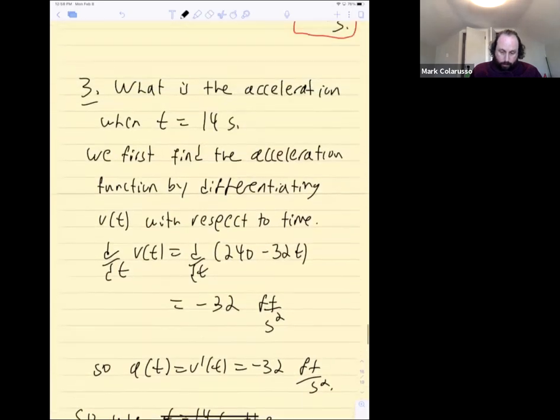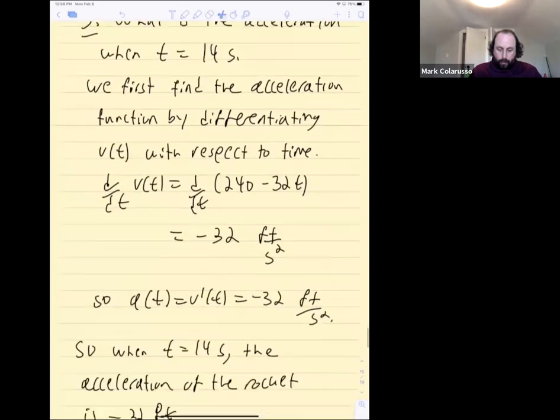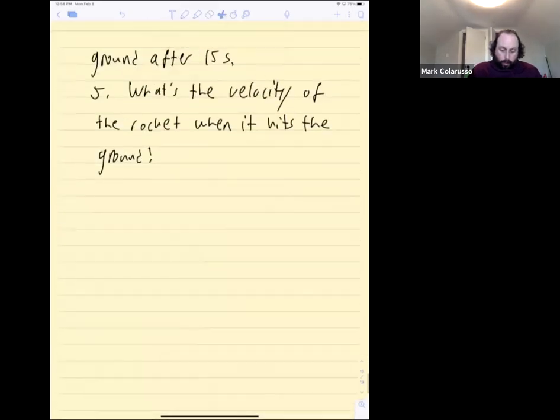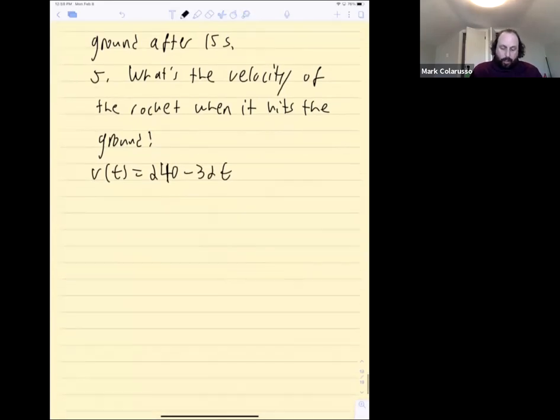There it is. Copy this. We know it hits the ground after 15 seconds, so we just need to plug 15 into this.